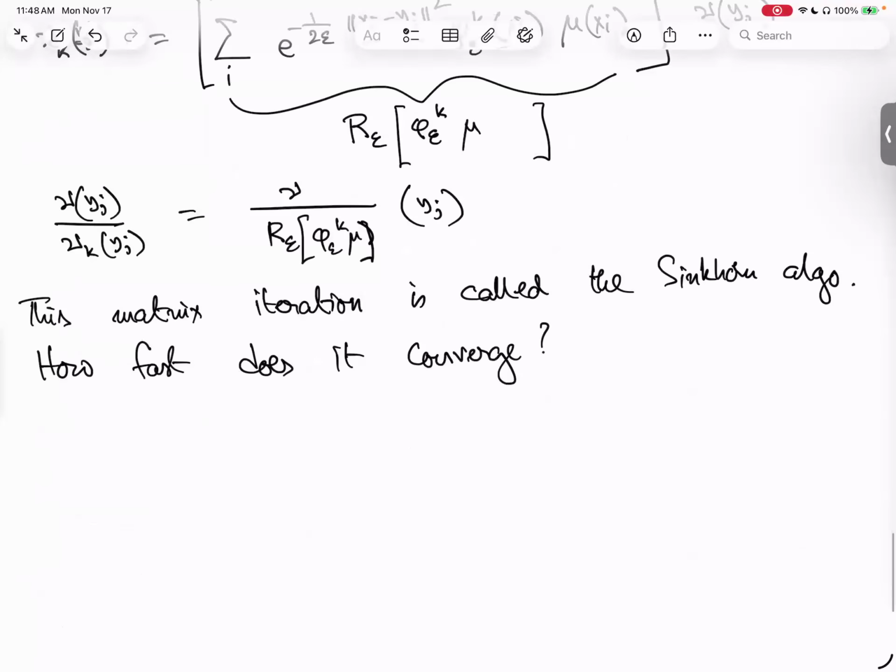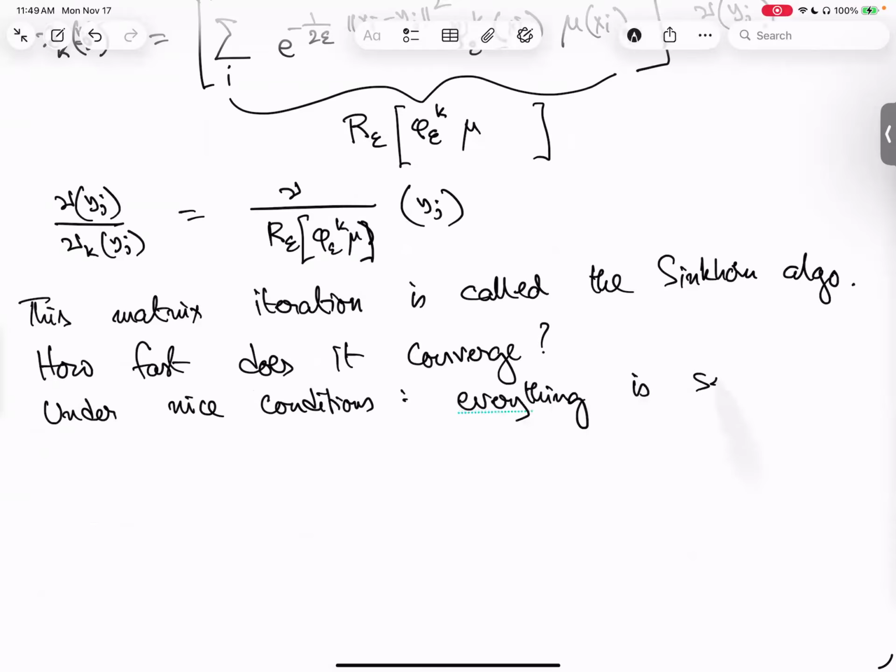So under nice conditions, by which I mean everything is separated, all ratios bounded above and below.